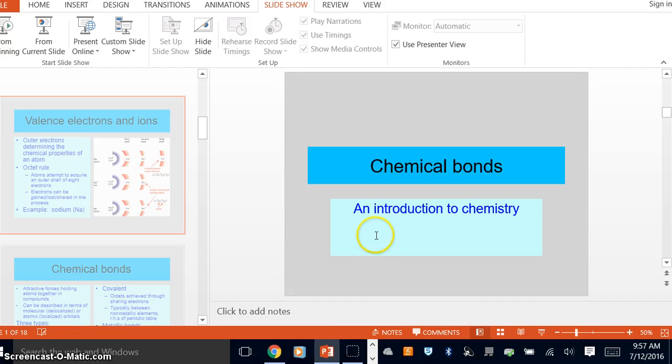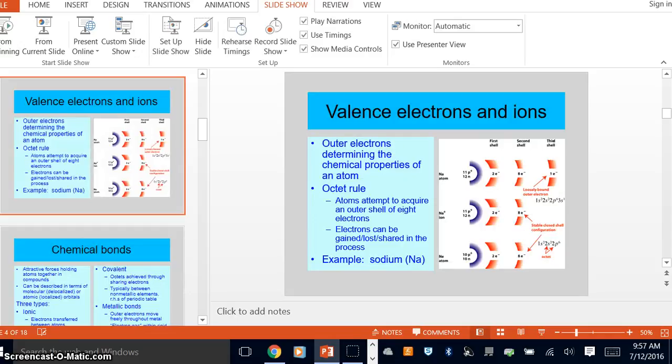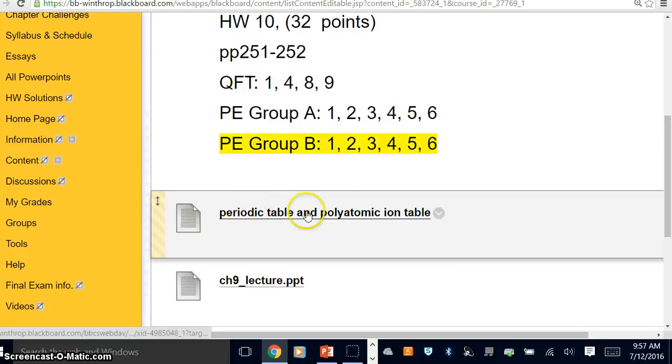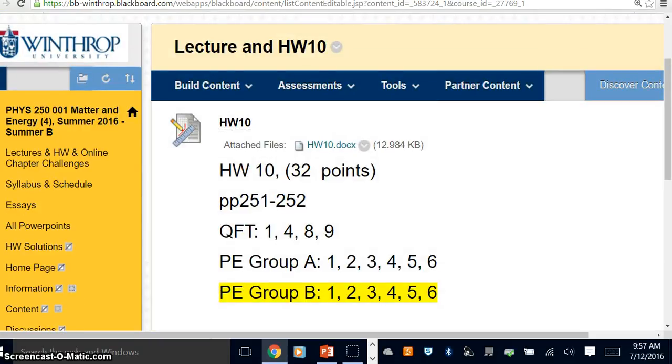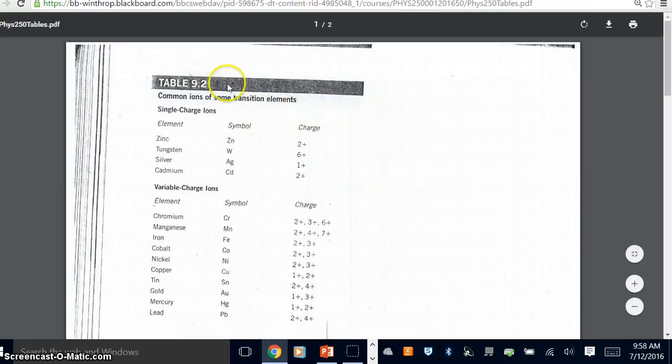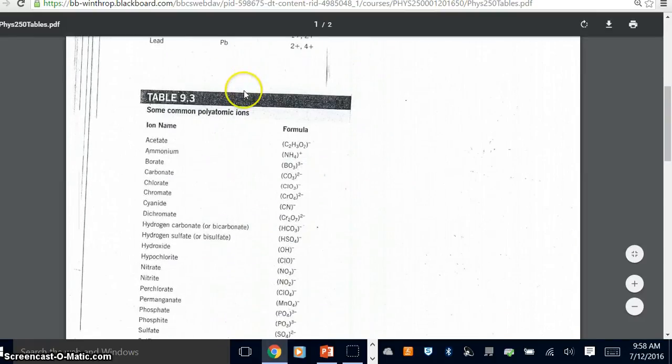So right now, let's take a quick look at the periodic table, which you notice I've included this periodic table plus the table of polyatomic ions here, and let me switch to that real quick. So here's the table of polyatomic ions, table 9.2, and we also need table 9.3.